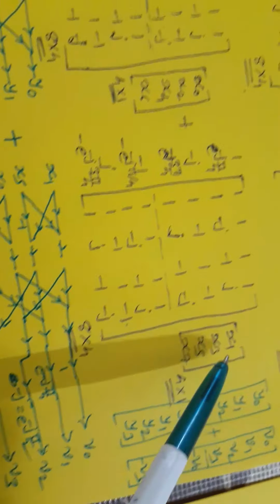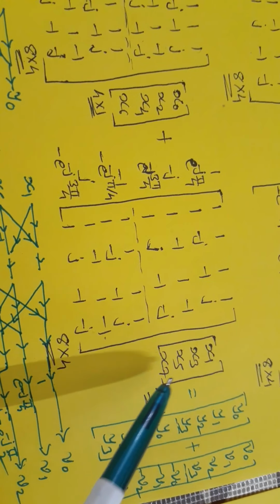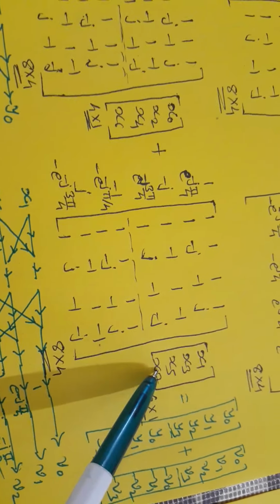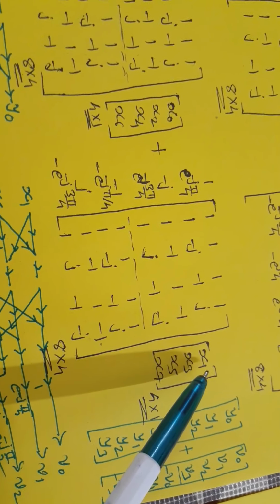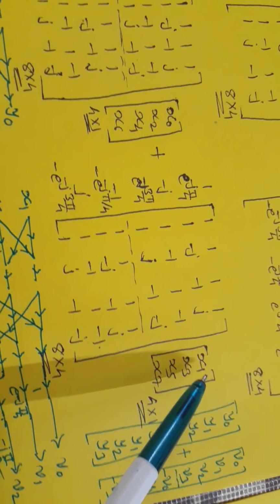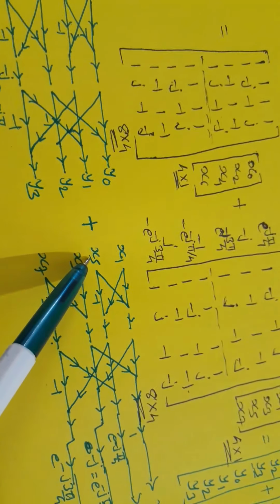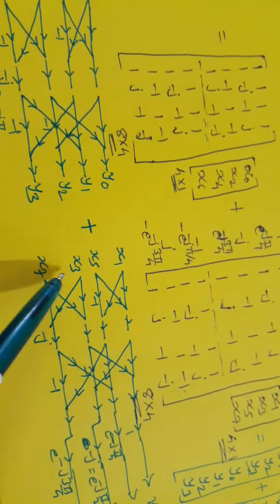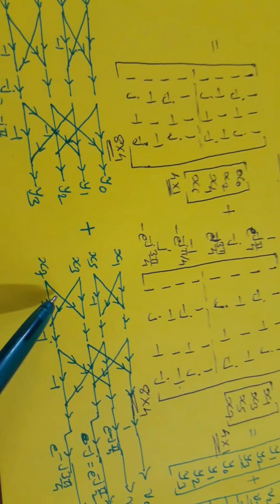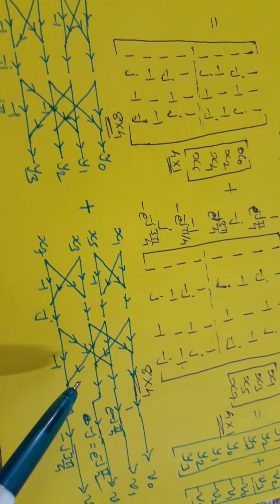Now the inputs are x1, x3, x5, x7. They are in sequence. We have to reshuffle them in this way by taking decimation in time: x1 and x5 in one butterfly and x3 and x7 in another butterfly in the 4-point DFT.